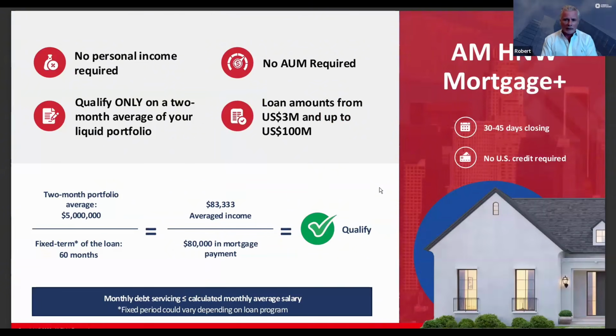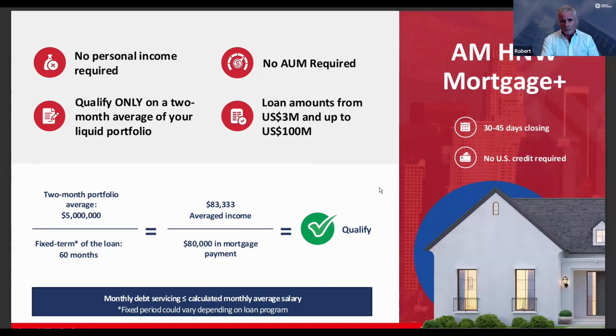Okay, high net worth clients. Again, we addressed this slightly in the beginning, but if you're a high net worth client, or you have clients that are high net worth that you look after, this is a very good loan to qualify. Again, no personal income is used to qualify. You're going to qualify on their liquid assets, and we're going to use that with a calculation in order to be able to get their income.